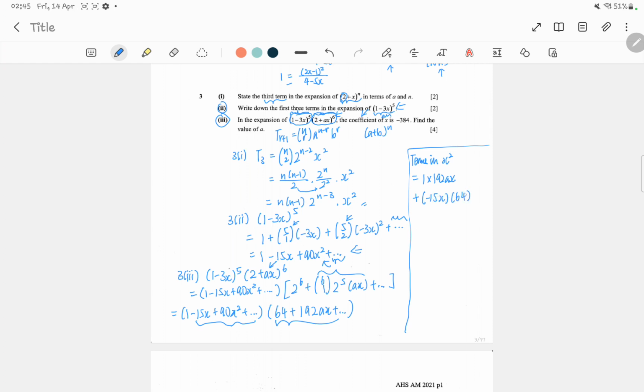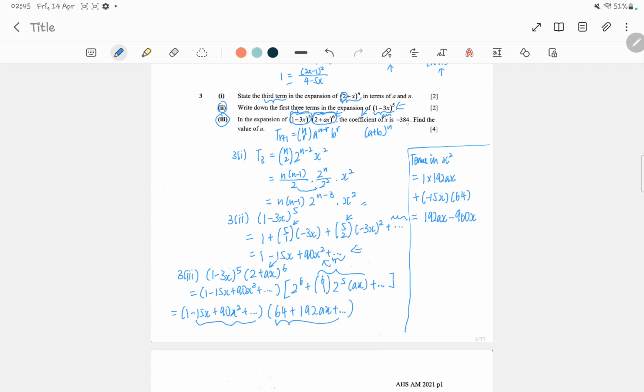These are the terms that, when I multiply together, give me the terms in x. So this equals 192ax, and 15 times 64 is minus 960x, right?